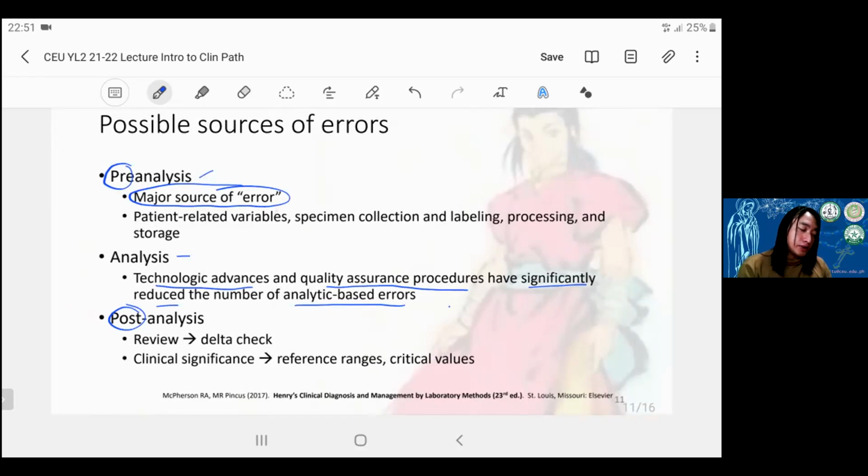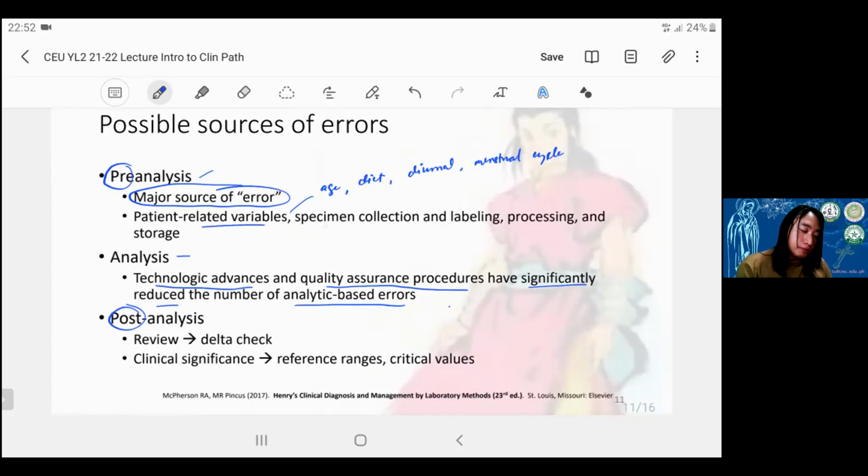So this may be patient-related variables: what is the age of the patient, the diet of the patient, when was the test done, because there are certain chemicals, especially the hormones, that are determined by the time of the day. Some hormones would follow the menstrual cycles. So at what phase in the menstrual cycle is the patient, if the patient is female?